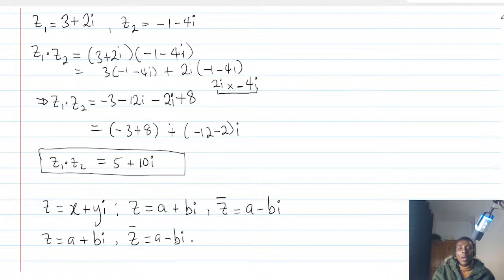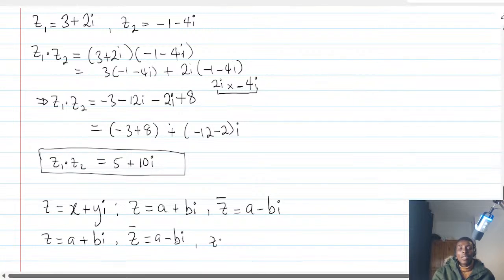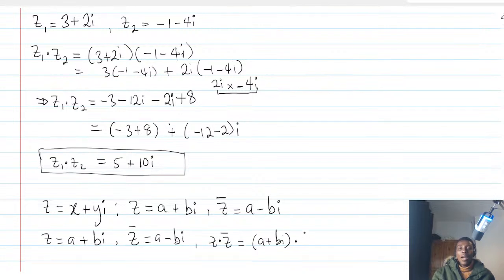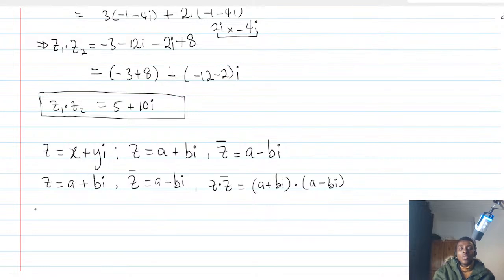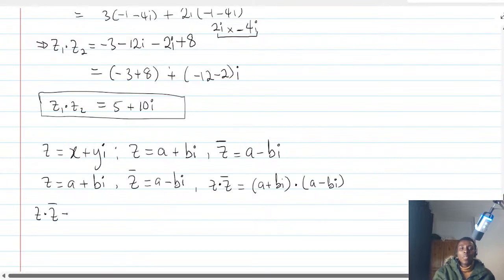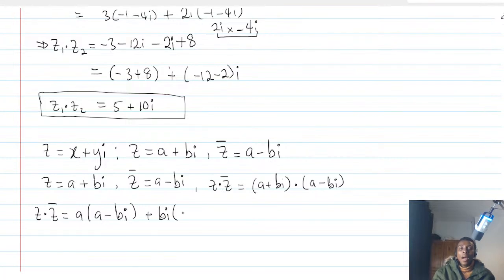So I want to see what will happen if I multiply the complex number by the conjugate. Then it's going to be a plus bi multiplied by a minus bi. So it's going to be a multiplied by a minus bi, plus bi multiplied by a minus bi.